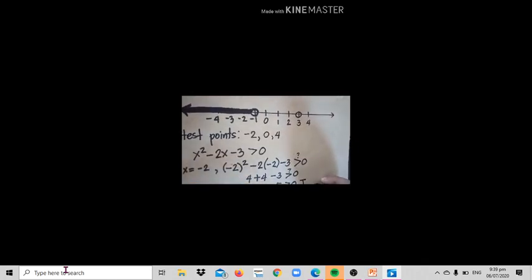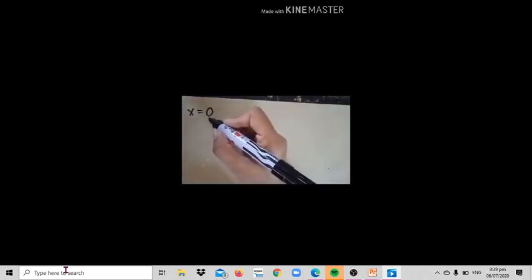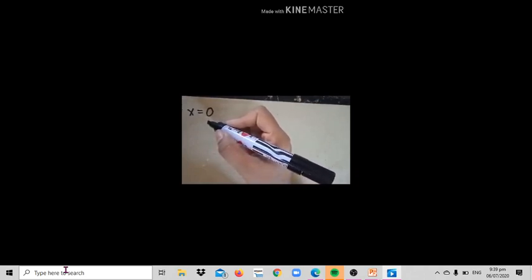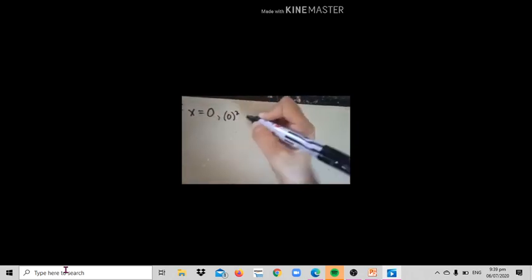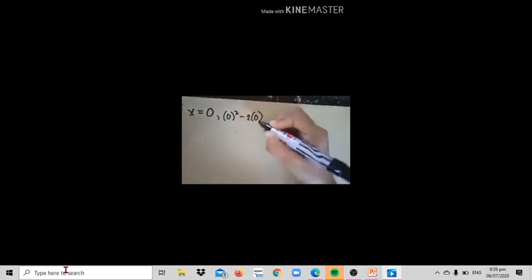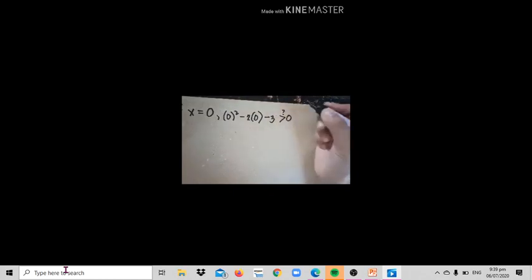Okay? Next. Let us use if x is equal to 0. So, etong test point natin is a representative of the middle region or the region wherein it is in between negative 1 and positive 3. So, again, we are going to change all the x's by 0. So, we have 0 squared minus 2 times 0 minus 3 is greater than 0. So, 0 squared is 0, negative 2 times 0 is 0, so 0 minus 3 is negative 3.